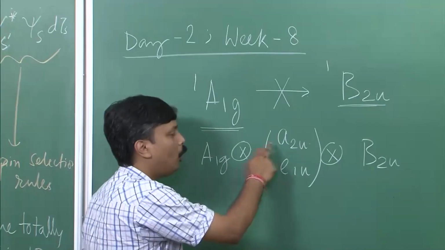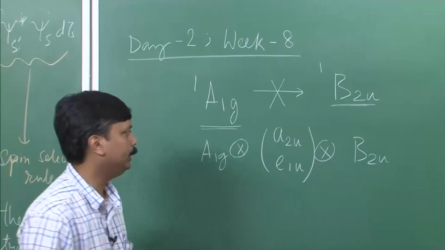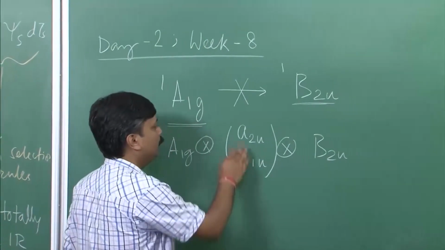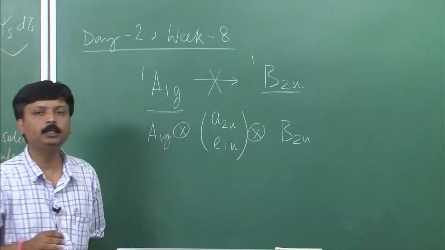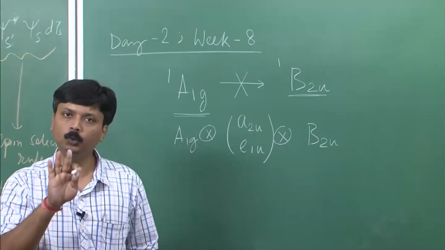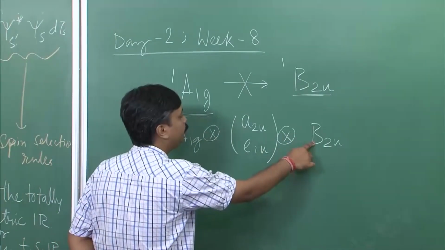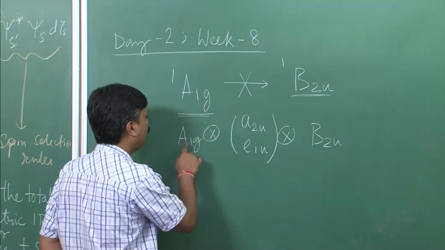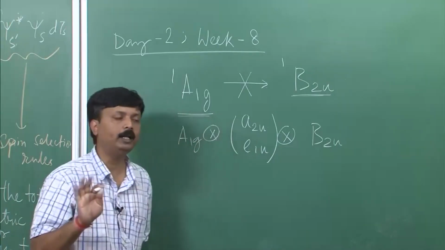Now for the operator I use the small letter, which in many cases is used. So these two terms within the parenthesis mean that actually we are doing two separate direct products: first A1G, A2U, B2U, one direct product, and also A1G, E1U and B2U. So two different direct products.